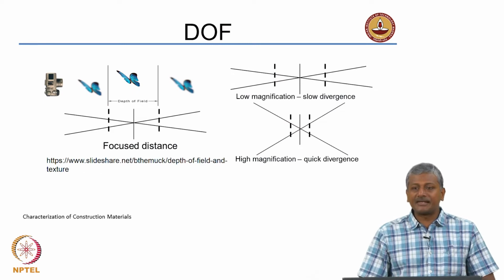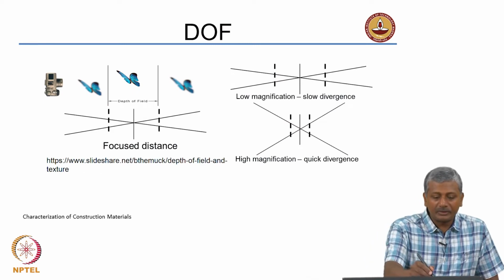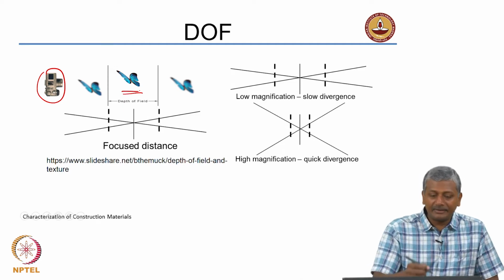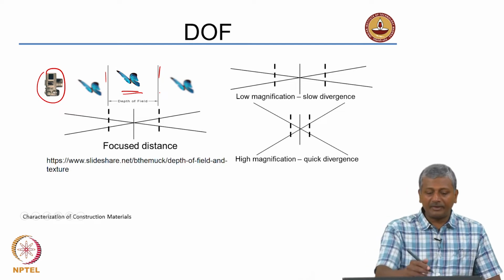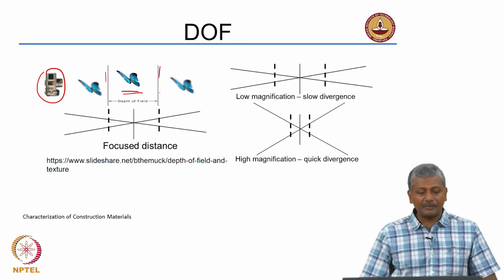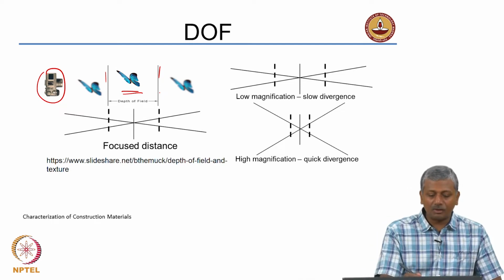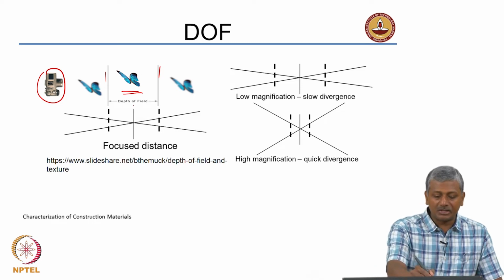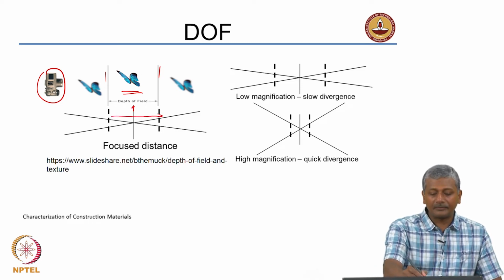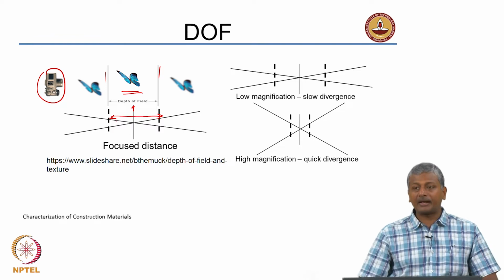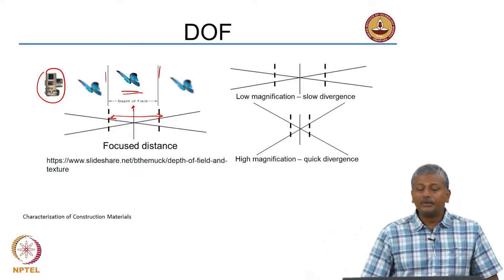So, again this is just an example of the depth of field. Here there is a camera which is trying to focus on a butterfly, and there is a distance before and after the butterfly, that is basically the depth of field of the camera. Your focus distance is at this location, but all the aspects in front and back up to a certain distance are still clear to the camera.